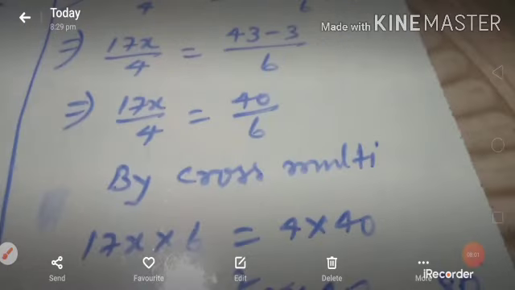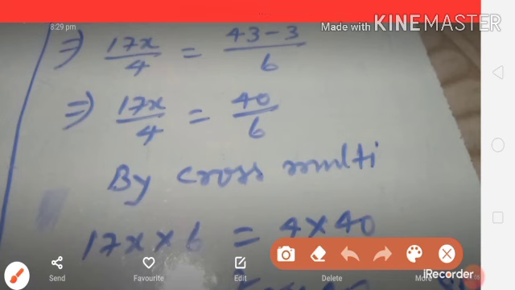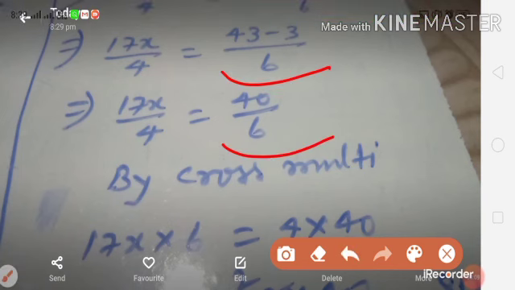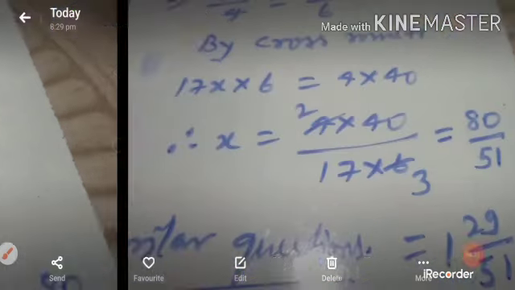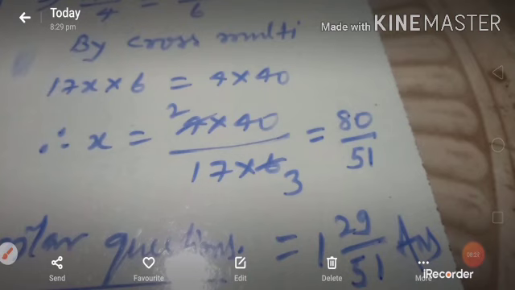Now go for the next step. Here is minus, so we subtract it, and we get 40 by 6. You see that there is a division on both sides, so by cross multiplication we find 17x into 6 and 4 into 40. Now go for the last step, that is the value of x.